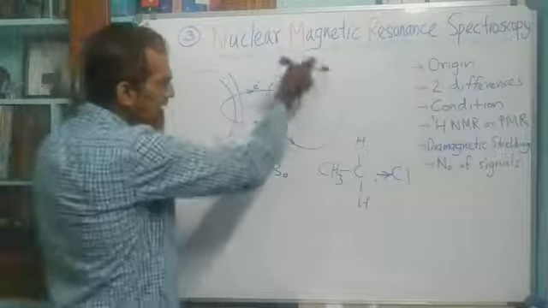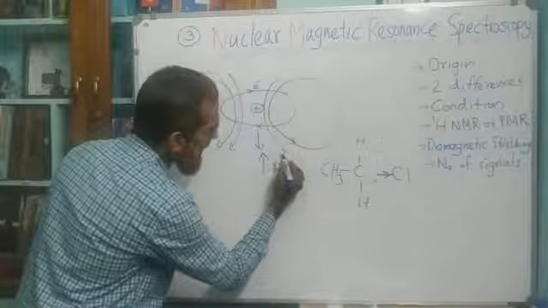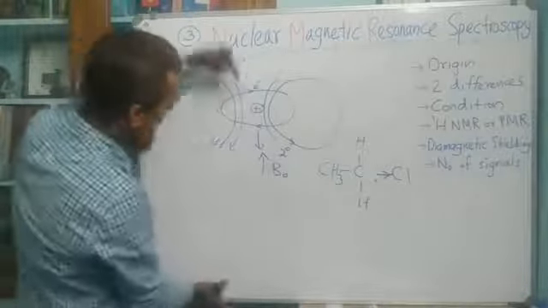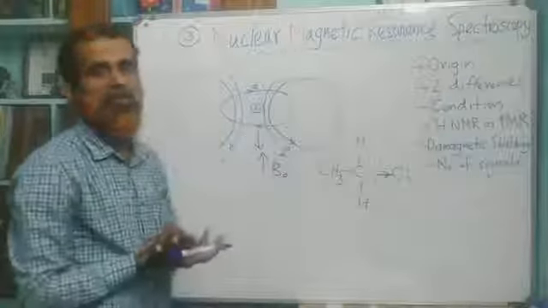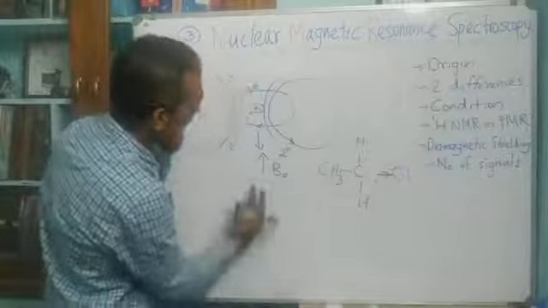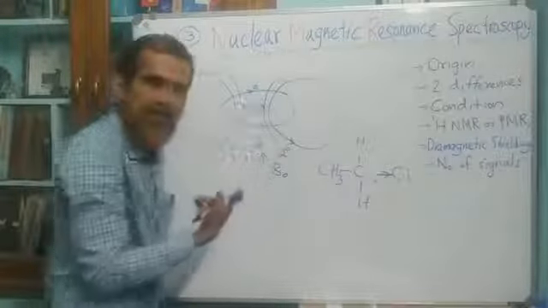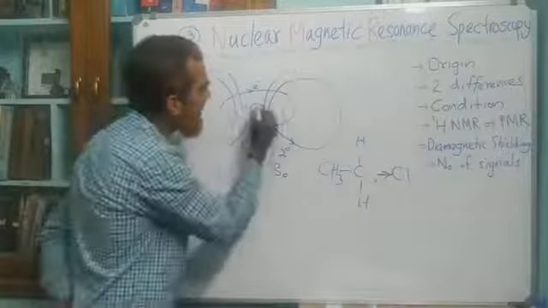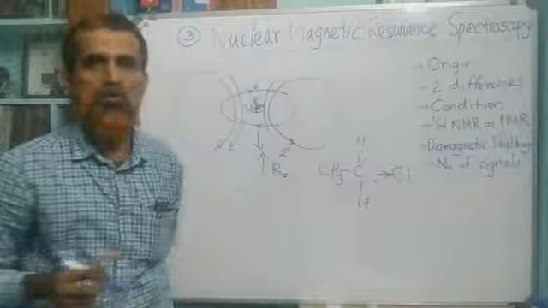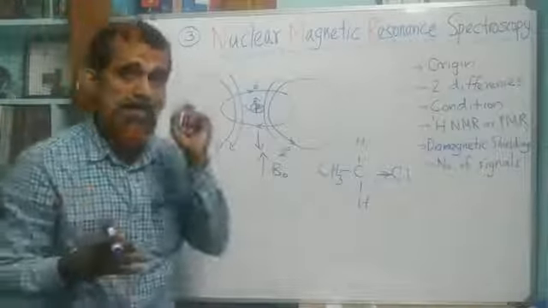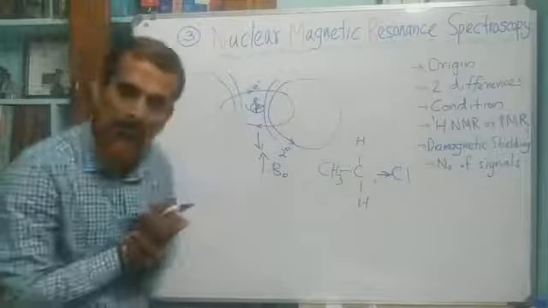This field generated by the circulating electron is called the secondary magnetic field, which generally opposes the applied field. When you apply a magnetic field to this nucleus, which is spinning and creating a magnetic field, these circulating electrons generate a secondary magnetic field which generally opposes the applied magnetic field.